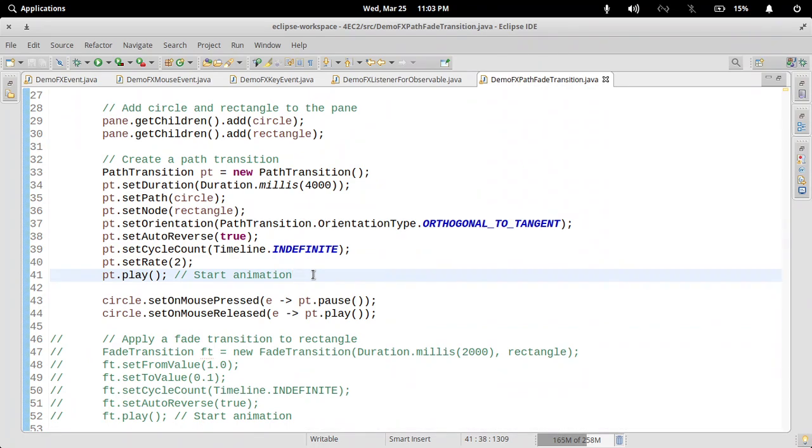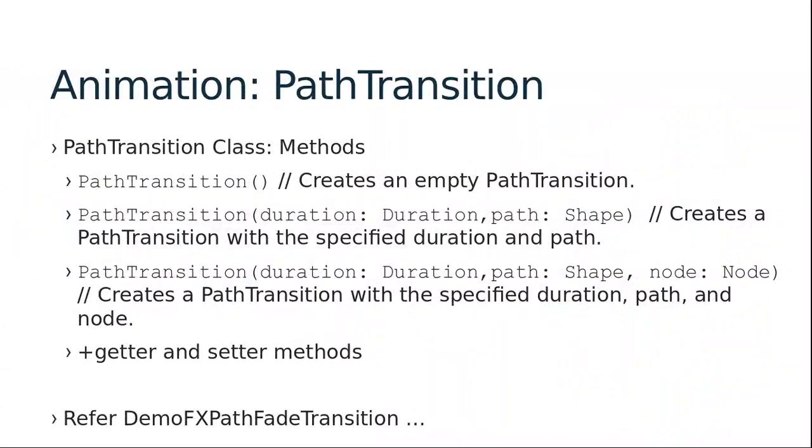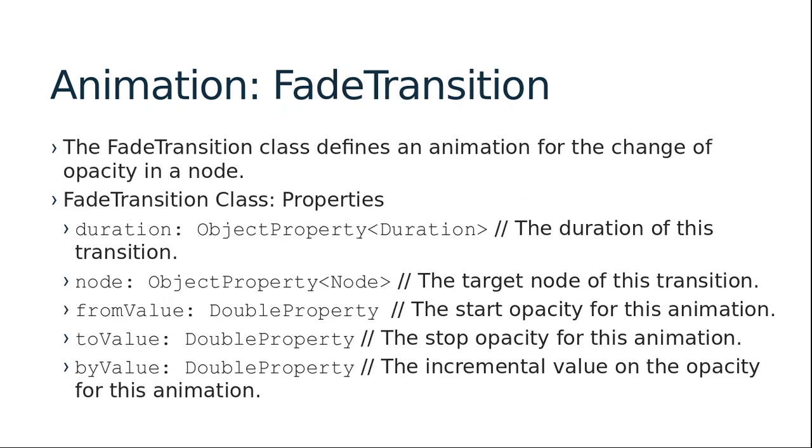That is what the path transition animation is. Second, we want to see is the fade animation. Fade, so you fade out, fade in your object. Again, this is the animation, so it will have its duration, it will have its node, which node you want to fade in, fade out.